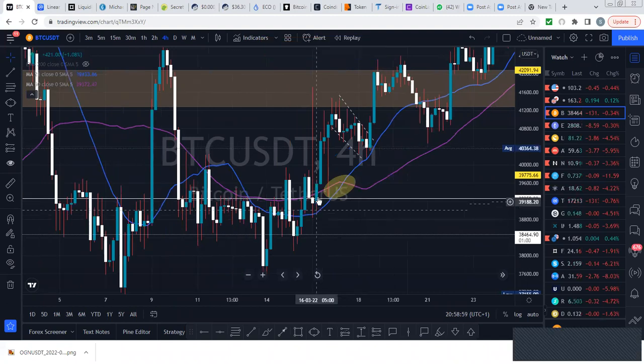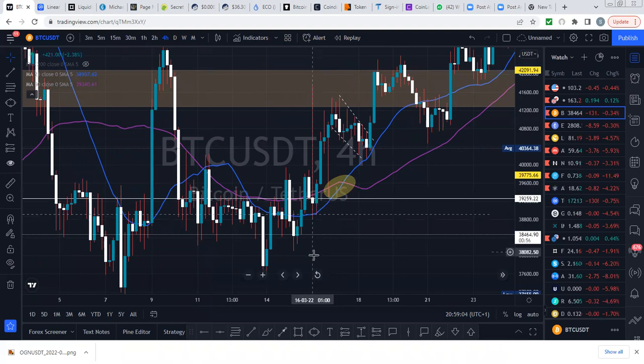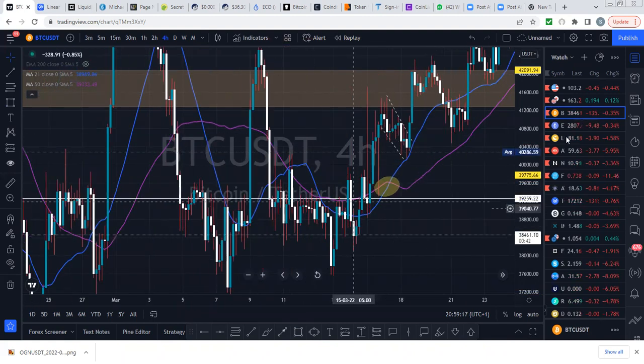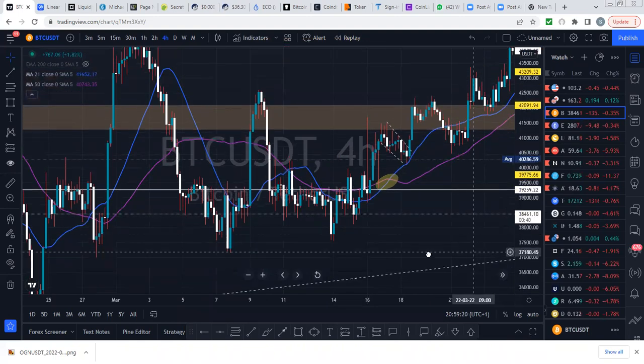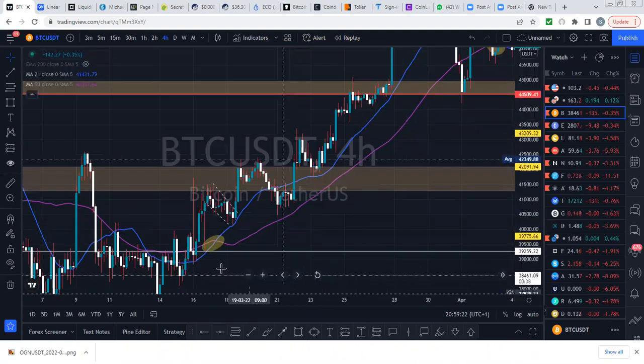And it's very close to a bullish candle. Look at this place. It touched a bullish candle here, showing that the buyers are in this market.